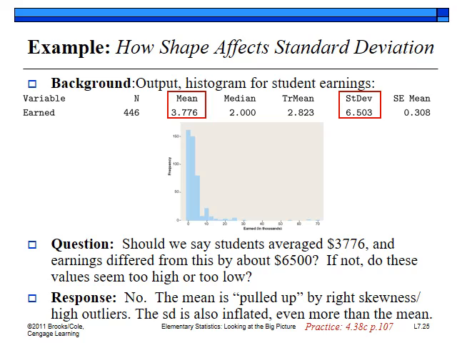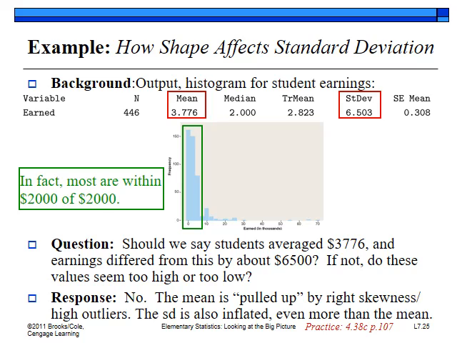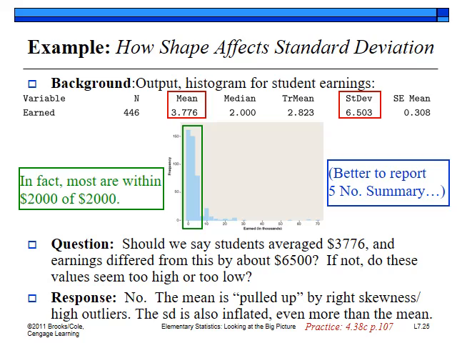If you go up and down by $6,500, you'll end up with some very negative numbers, which don't really make sense in this context. Actually, most of the data fall within $2,000 of $2,000. When your data are very skewed, like this, the 5-number summary is a much better way to summarize the data.